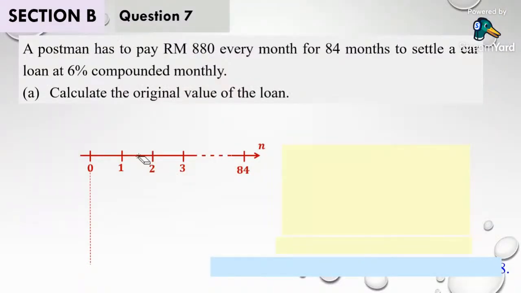A postman has to pay RM880 every month for 84 months to settle a car loan at 6% compounded monthly. So again, to give clearer info, I think I missed out the words "interest rate of" 6%.